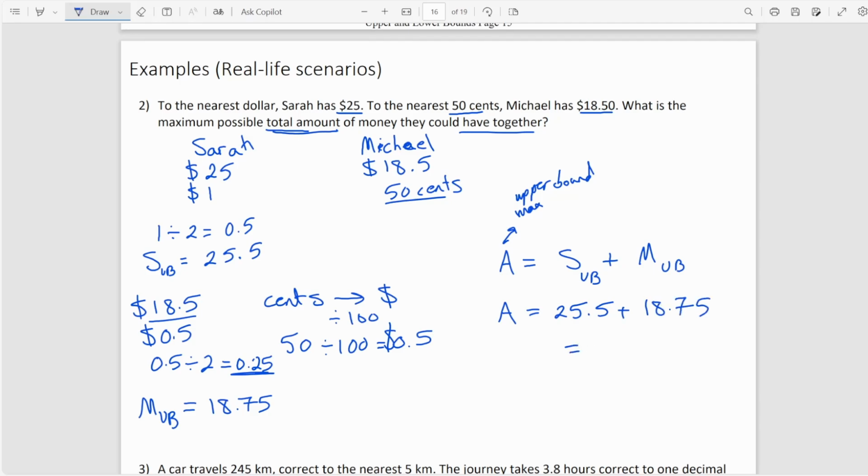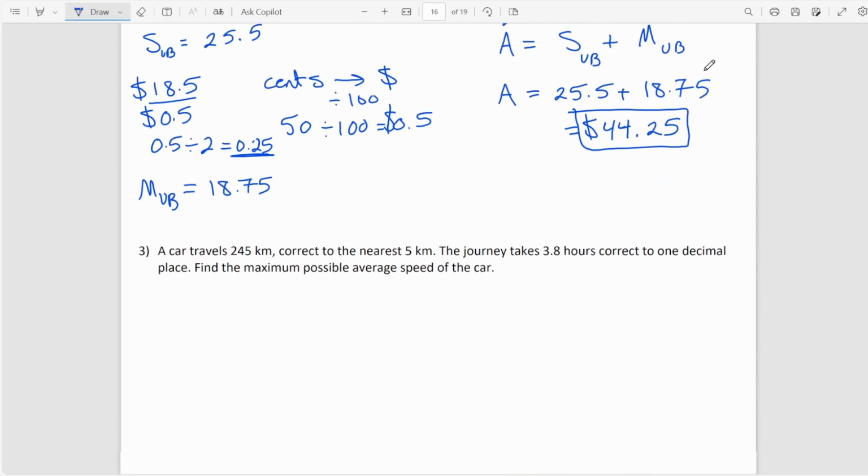So you can go ahead and plug these numbers on the calculator, and we get 44.25. Okay? Of course, this is in dollars. They must be in the same unit before you add them. Okay, moving on.